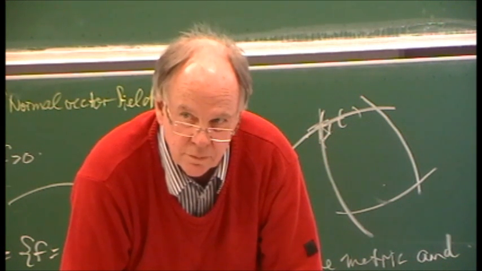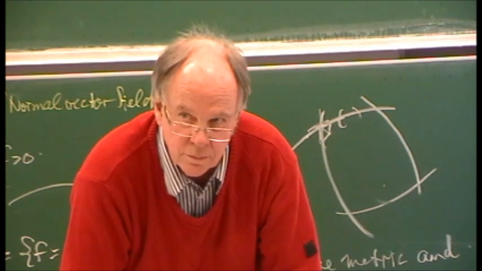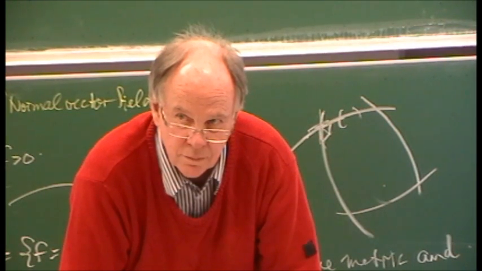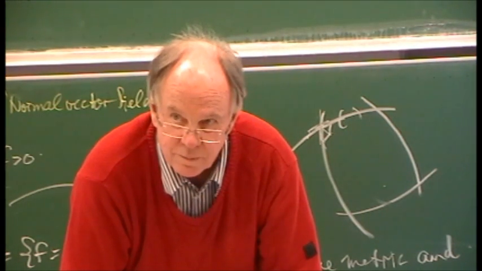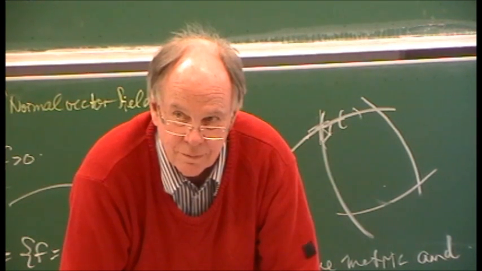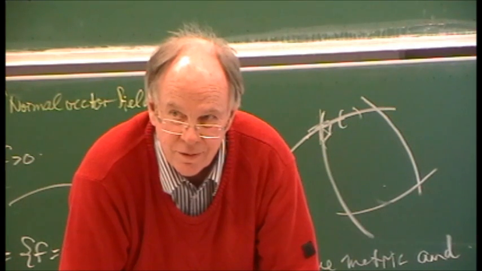But in my head, the one forms that are in the image of this D are just the ones that are exact. So you cannot write all the one forms as DF. Absolutely not. That's right. But in all your problems, you write all the one forms as DF. That's my question. Where have I written a one form as DF?